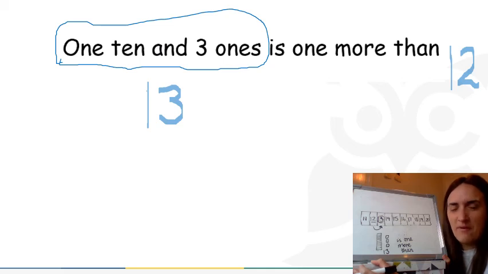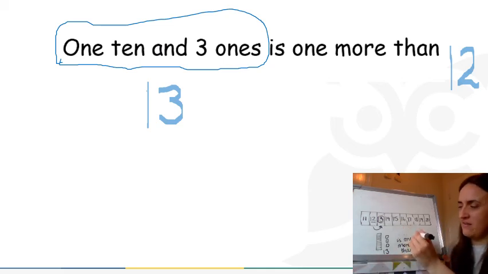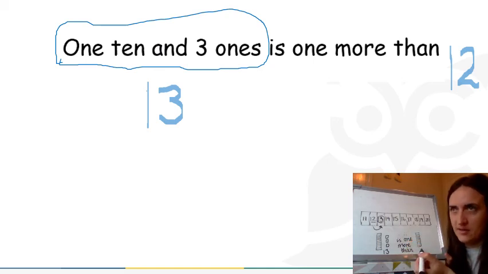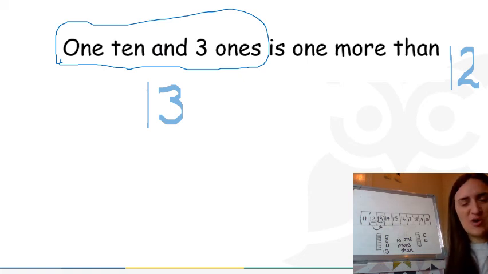It's 1 more than 1 10, 10, 11, 12. It's 1 more than 1 10 and 2 1s, which is 12. So there's different ways we can say it because we're getting so clever at talking about our numbers now.